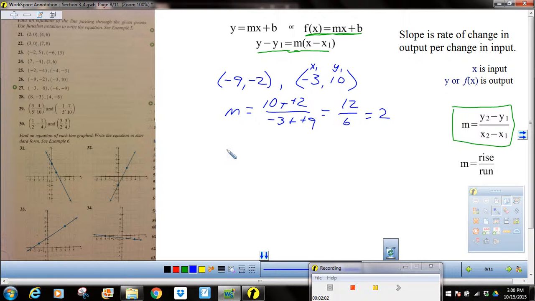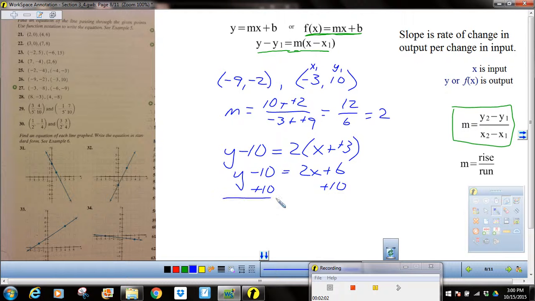Doesn't really matter. I've been lucky not having any fractions. I should have not said that because I may be jinxing myself. Function notation would be f of x is equal to 2x plus 16.